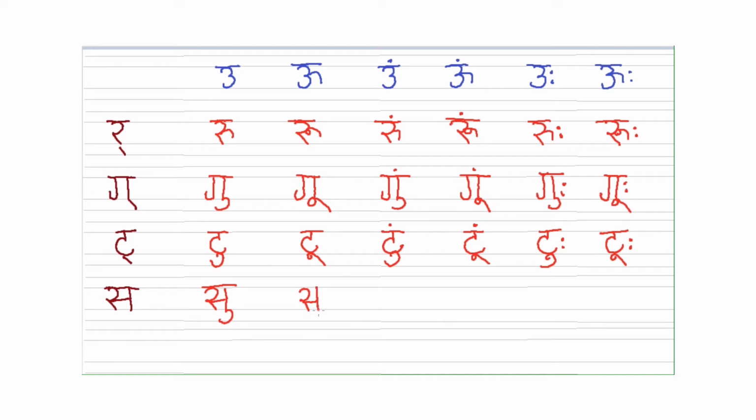So the modification will happen at the bottom of the vertical line. Su, sum, suhu.